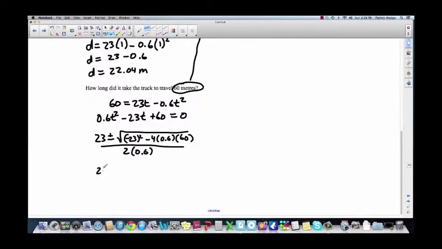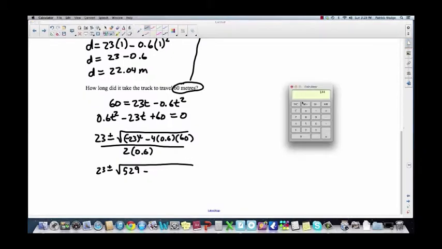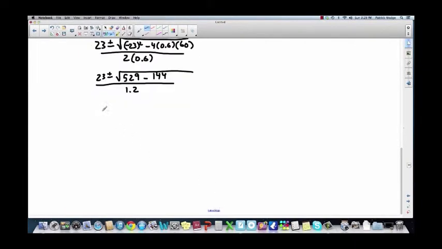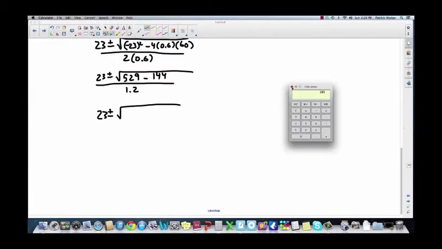So we get 23 plus or minus the square root of 23 squared, 529, minus 144, all over 2 times 0.6, which is 1.2. Okay, sure. 23 plus or minus the square root of 385 over 1.2.